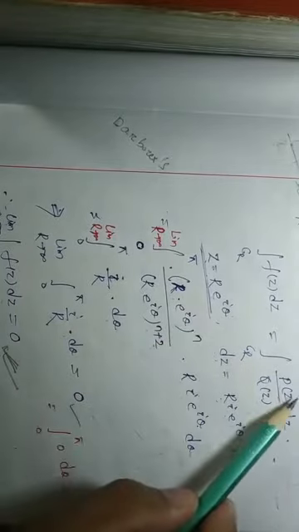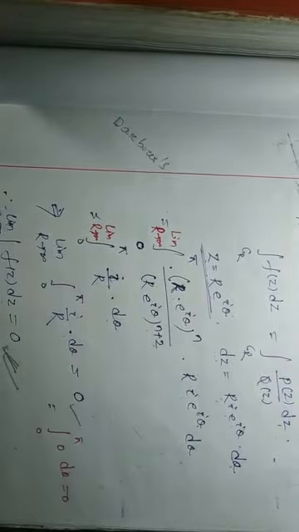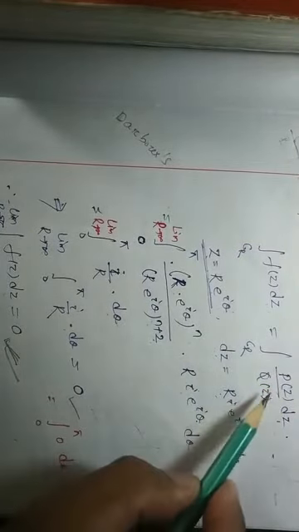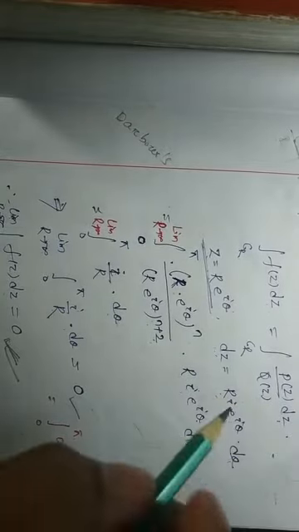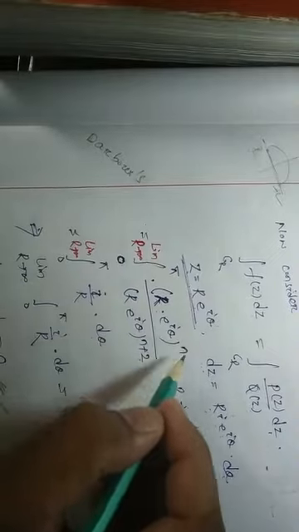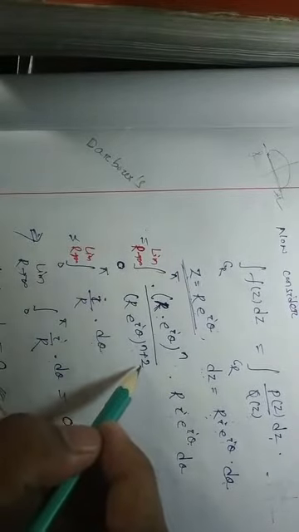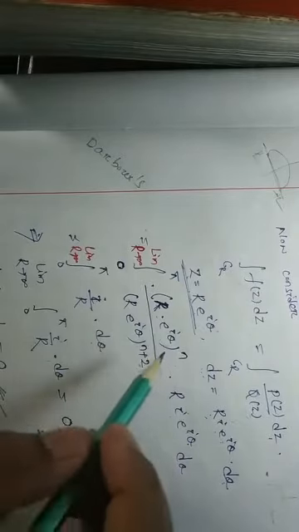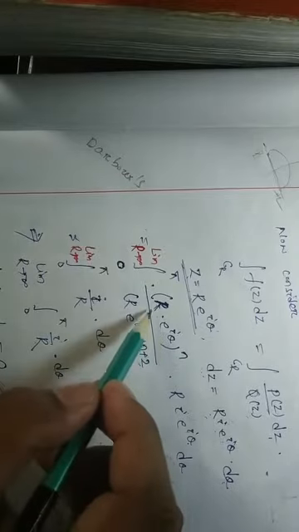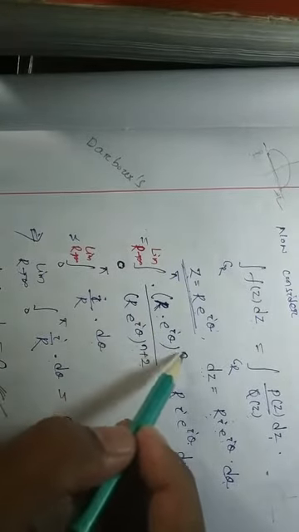So instead of P(z), we can write an example. As we previously know, Q(z) is at least 2 degrees higher than P(z). If P(x) is of degree n, then Q(x) is at least degree n plus 2. For our understanding, consider P(z) as r e to the power i theta, to the power n.